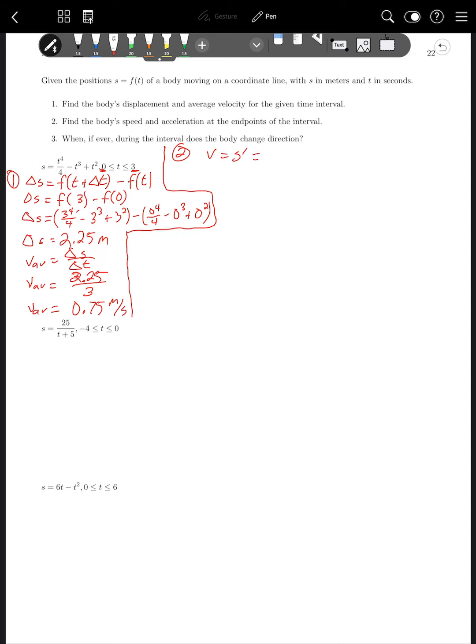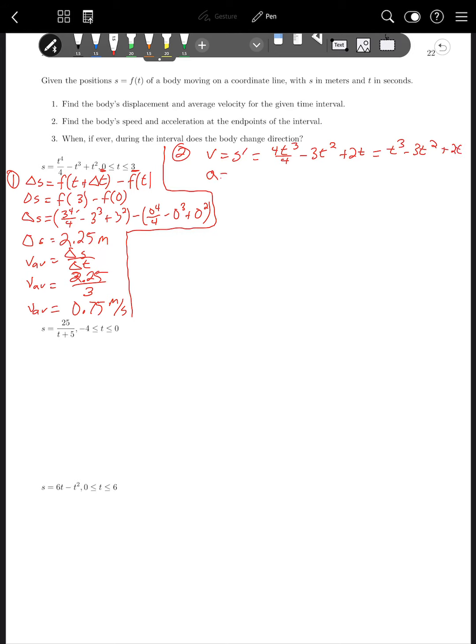So in this case, the derivative, velocity would be 4t to the 3rd over 4 minus 3t squared plus 2t. Okay, and if we simplify that, that's going to be t cubed minus 3t squared plus 2t.